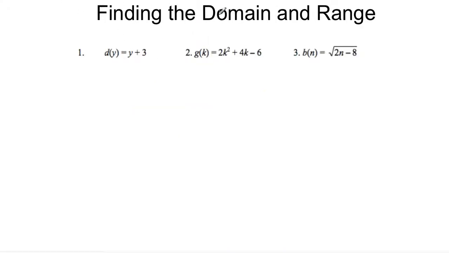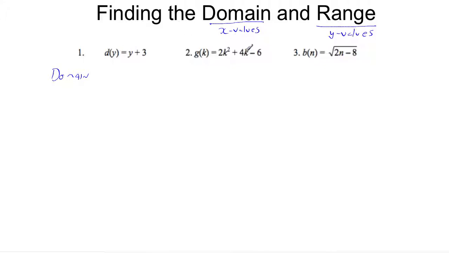Now, if we bring this into domain and range, remember, the domain is the x values of a function. The range is the y values of a function. So if I have this function here, y plus 3, this is a little bit tricky because here the x values are technically y's.